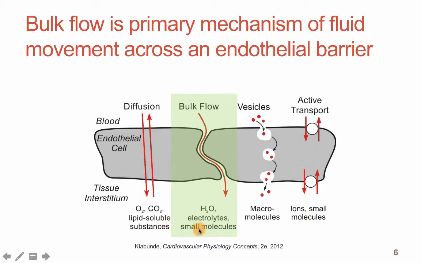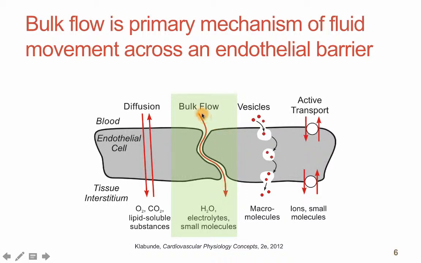And even though continuous capillaries are considered tight capillaries, at the intercellular junction between two endothelial cells, as depicted in this green portion of the slide, the cleft that is between the two cells is indeed permeable to water and to electrolytes. There are openings that permit the water to flow.